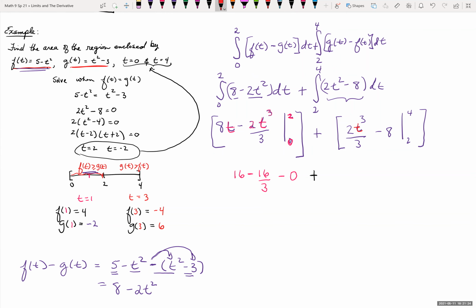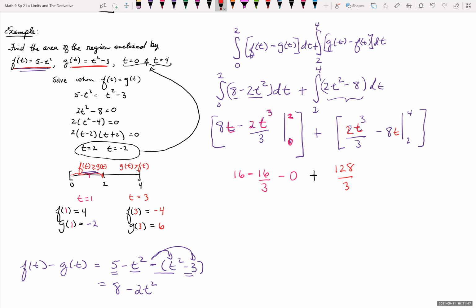If you cube 4, 4 times 4 is 16. 16 times 4 is 64. 64 times the 2 in front is 128 all over 3. Oops, this should be an 8t.